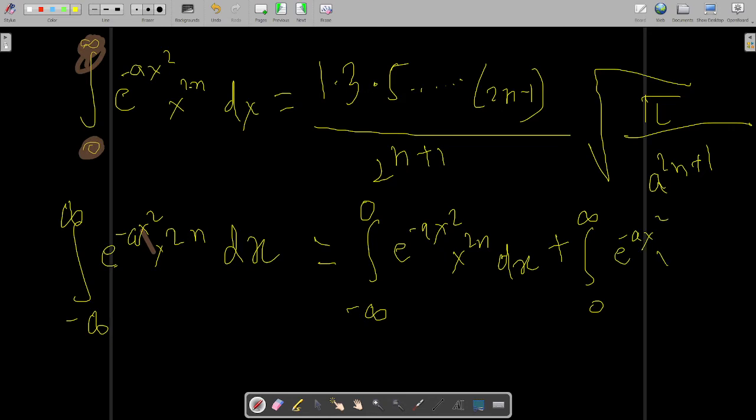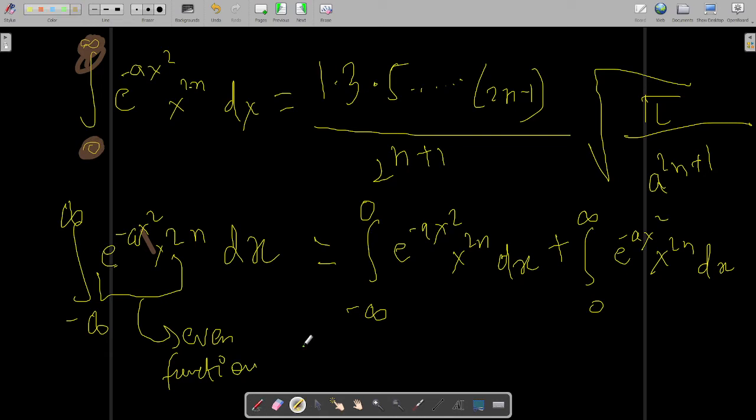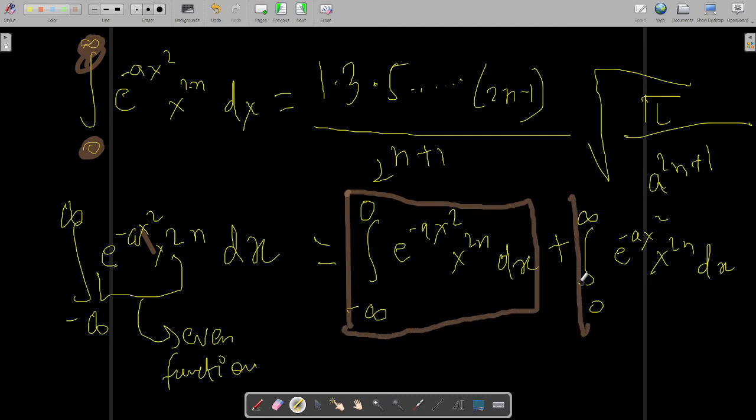This you have learnt in your lower classes. So it is very clear that it is basically an even function.